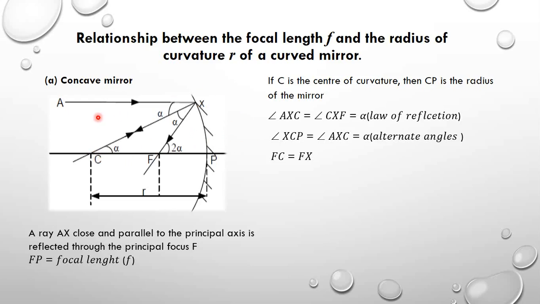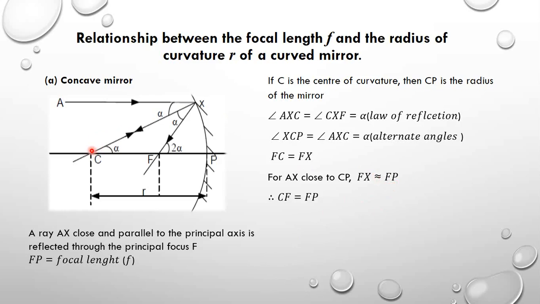And so it means that this X will be approximately here. And so the distance FP will be approximately equal to the distance FX. And if those two distances are equal, it implies that CF is equal to PF, or FP. So those are going to be equal.